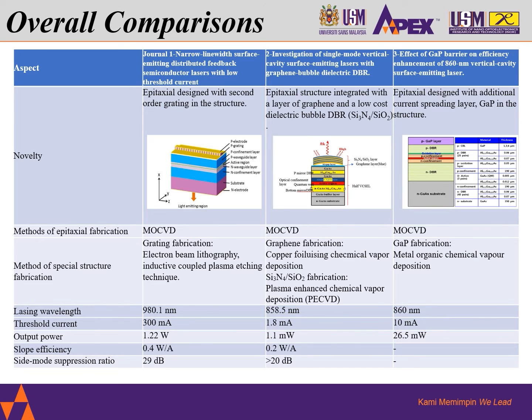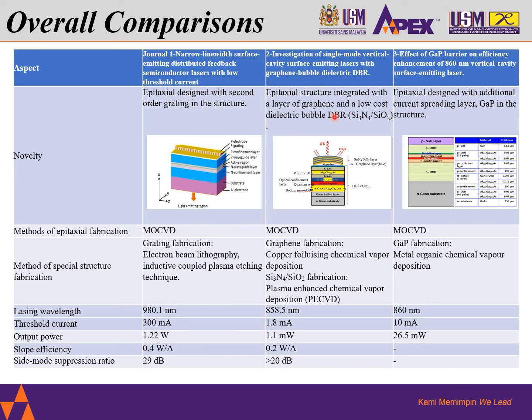This slide shows the overall comparison for these three journals. The three journals are compared in terms of novelty, method of epitaxial fabrications, method of special structure fabrication, lasing wavelength, threshold current, output power, slope efficiency, and side mode suppression ratio. So for the first aspect, novelty. The first journal shows the novelty of having this second order grating in the structure.